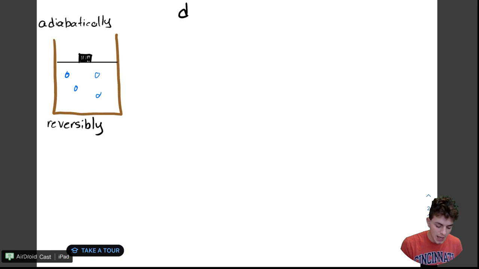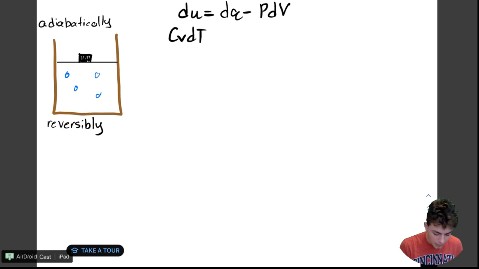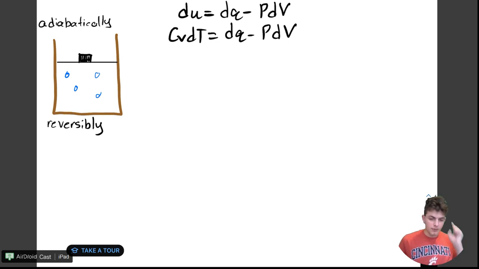I'll go ahead and copy down our first law expressions here. There we are. Now, for an adiabatic process, we are assuming the system is perfectly insulated. So that means that we will have no change in heat for our system here.